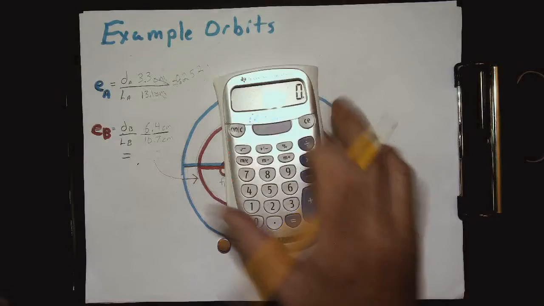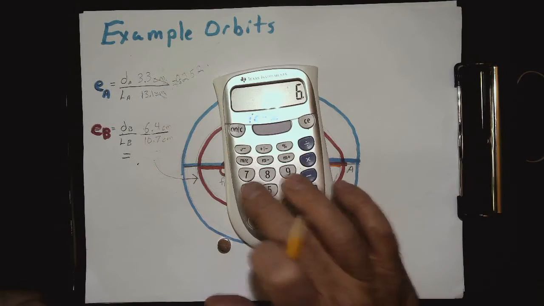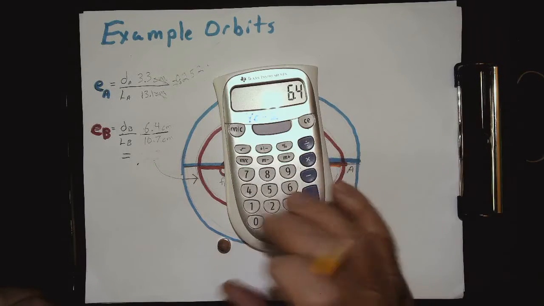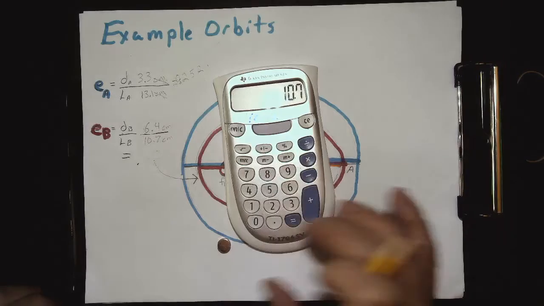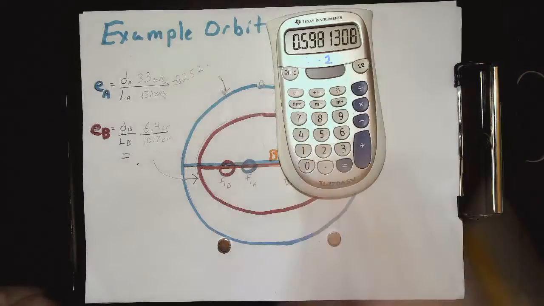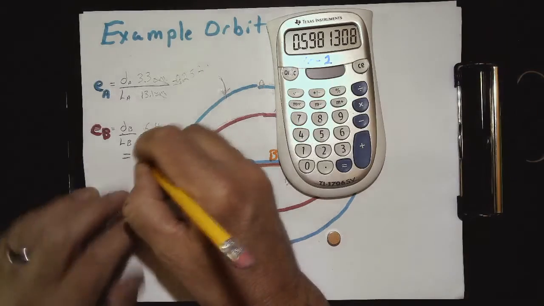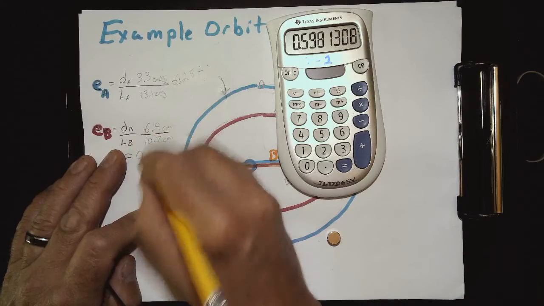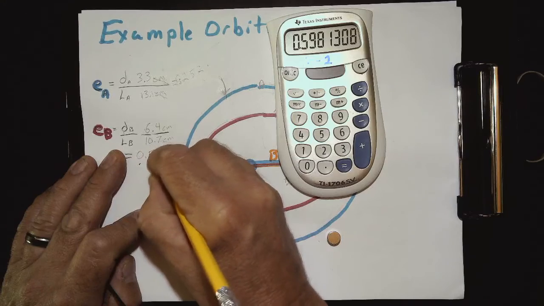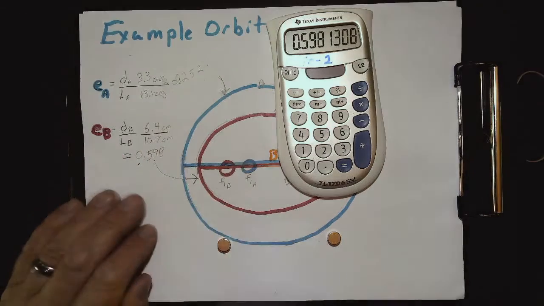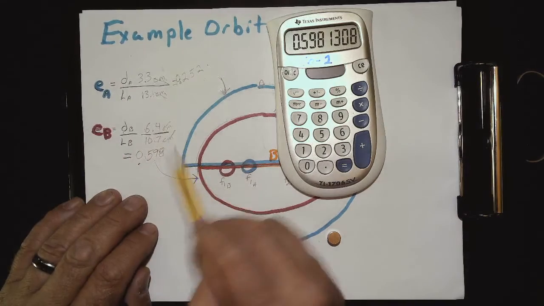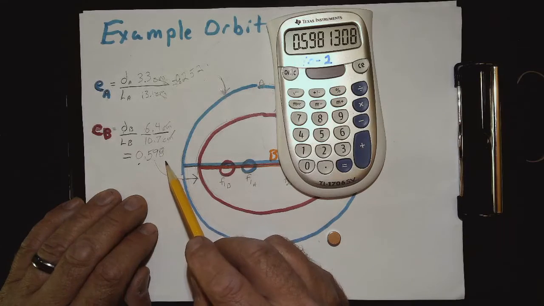When I do that calculation, 6.4 centimeters divided by 10.7 centimeters equals 0.598. Remember, the centimeters cancel, so there's no centimeters there, but 0.598.